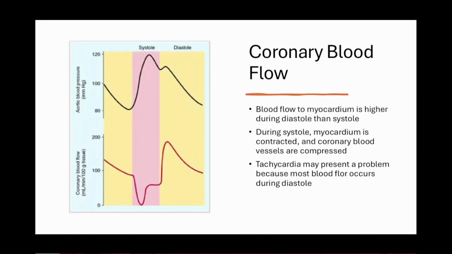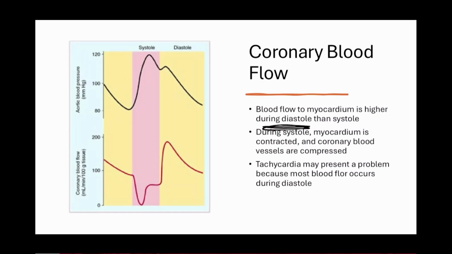Coronary blood flow. How does blood get into our actual hearts? The heart needs blood. It's a muscle. It requires blood flow all the time. Blood flow to the myocardium is higher during diastole. Why is blood flow to the heart muscle itself higher during diastole? The heart's relaxing now.